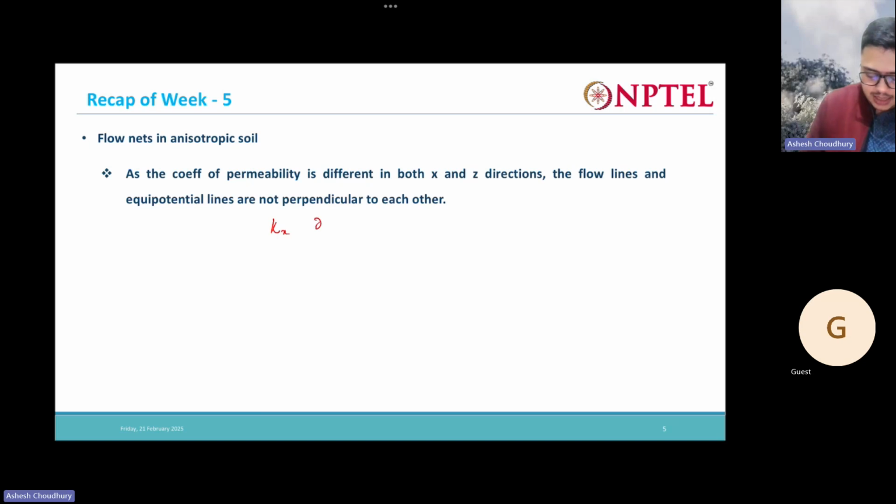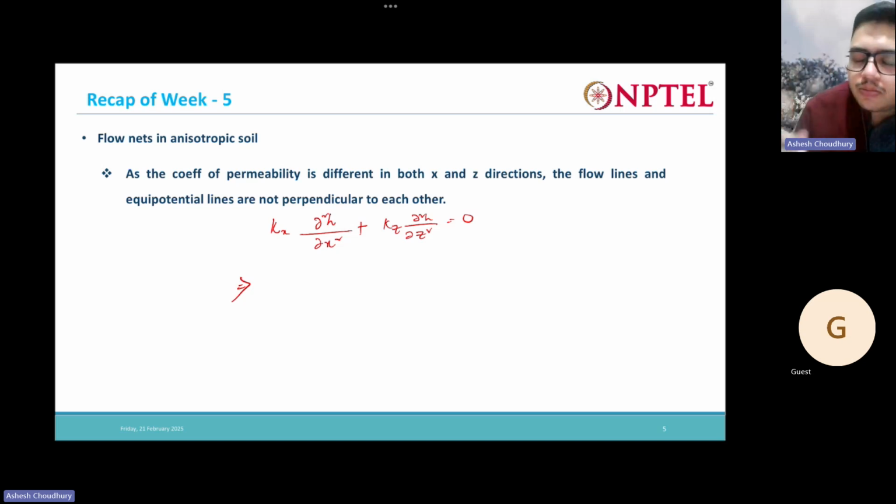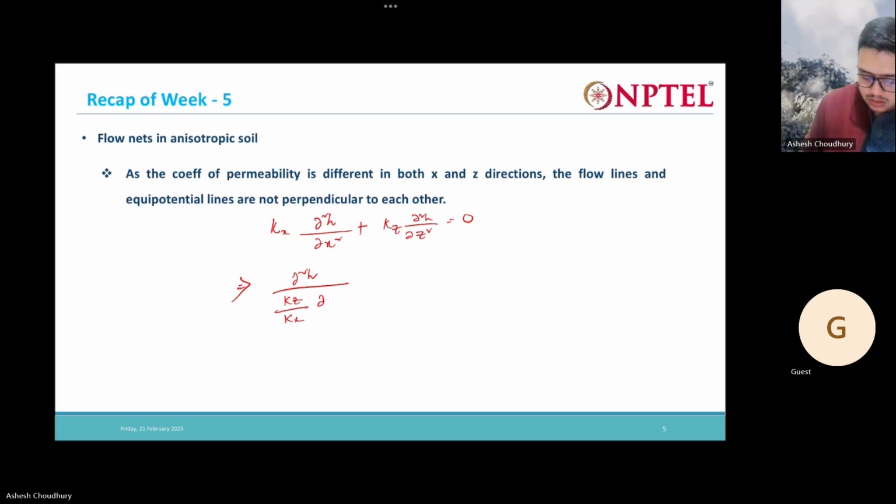If kx and kz are different, then the Laplace equation is like this. So to make the element square and to draw these two lines in such a way that they become perpendicular, we have to do some substitution. So you can write like this.